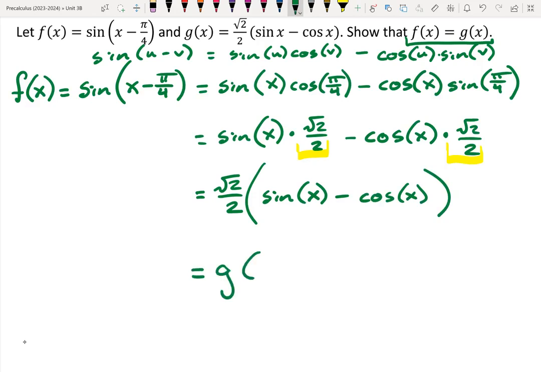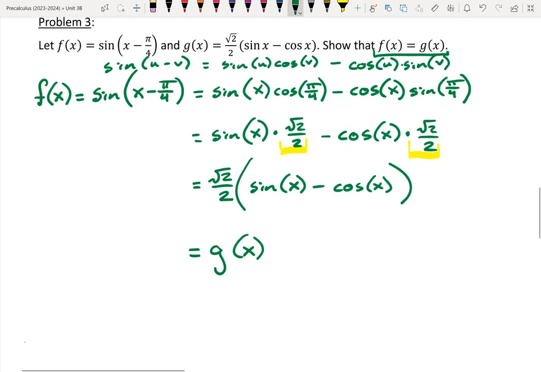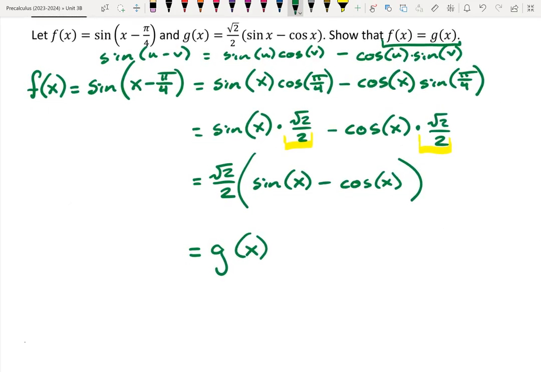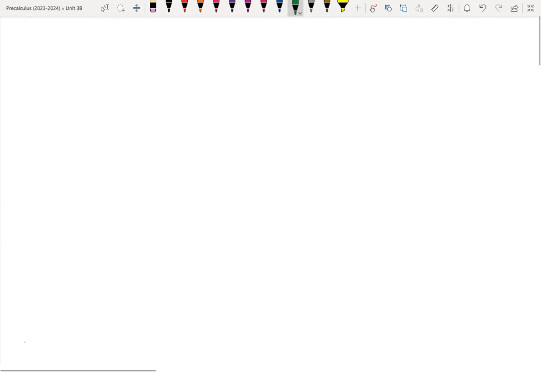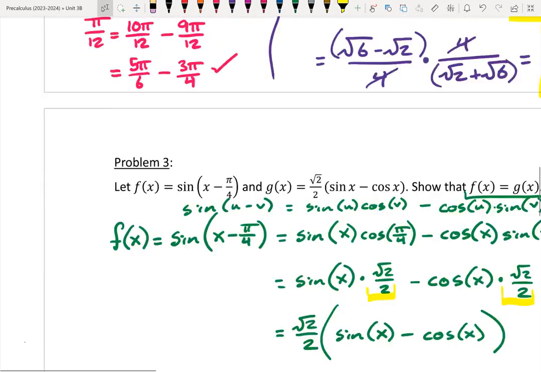That was g. And remember, our goal was to show that f was equal to g, and now we can follow things through. We started with f, we ended with g. We have all this equal in between. There we are.